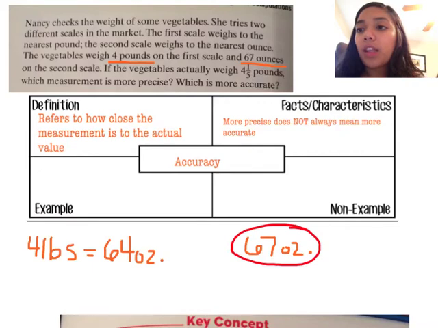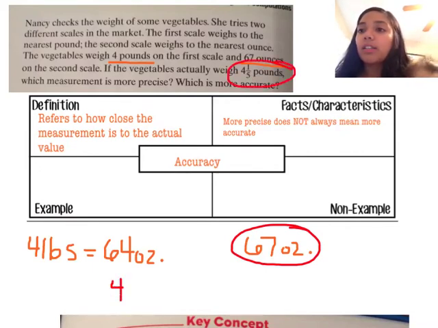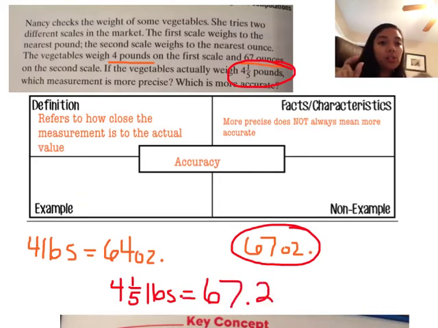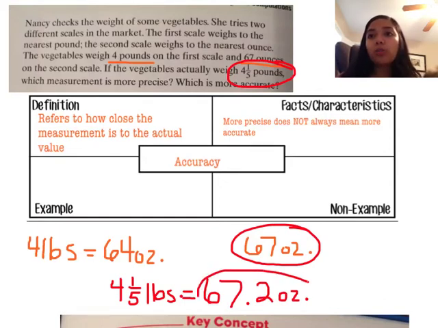Okay. Now, we already said that this is more precise because it is measured in ounces, and ounces is a smaller unit than pounds. Now, let's talk about accuracy. It refers to how close the measurement is to the actual value.